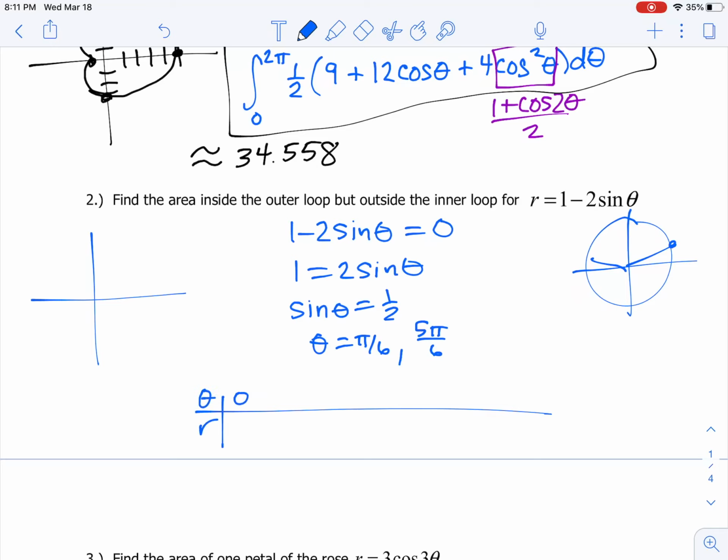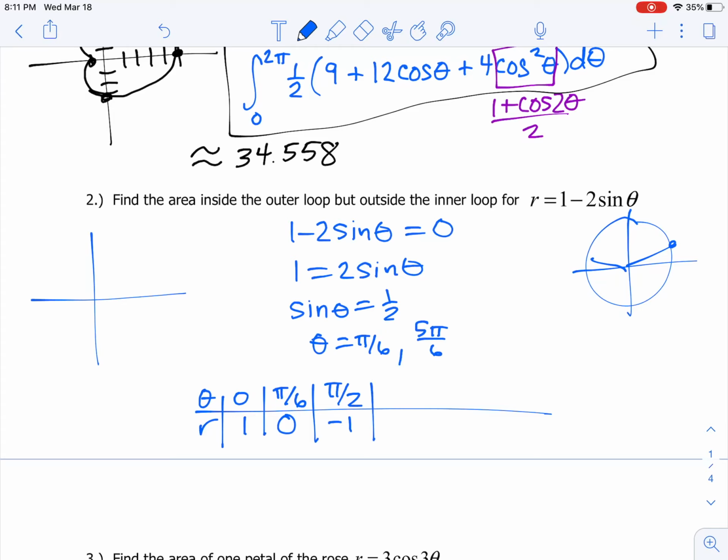So when theta is 0, then r is just going to be 1. When theta is pi over 6, then the sine of theta is a half, so then I get, yeah, r equals 0. Good. Okay. Maybe I want to go with pi over 2. In that case, I'm going to get a value of -1.